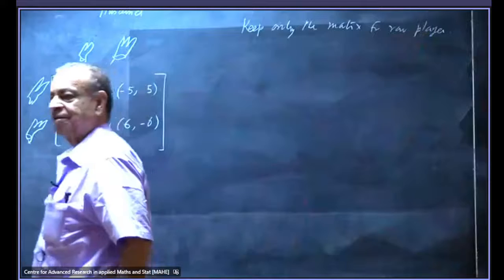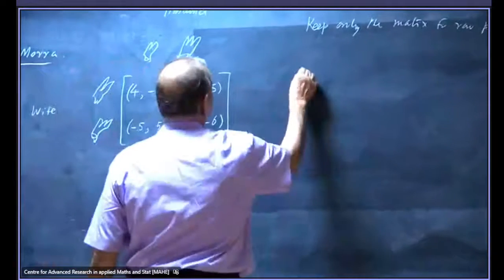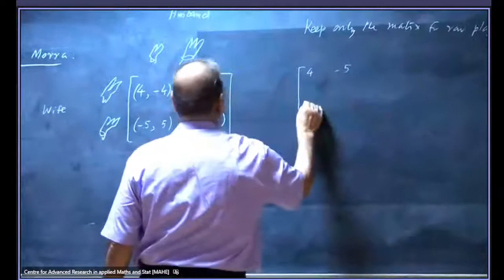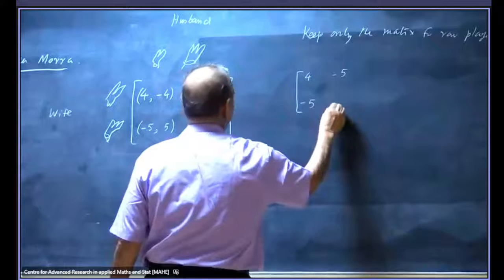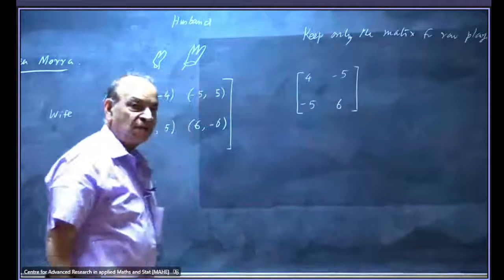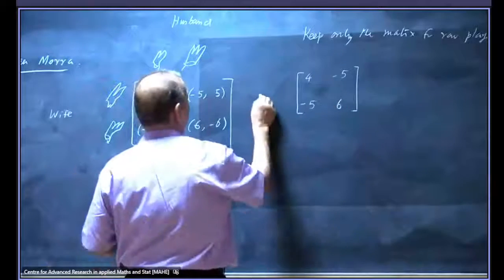So all you now do is write down this 4, -5, -5, 6. This entire thing is only the payoff for the wife.